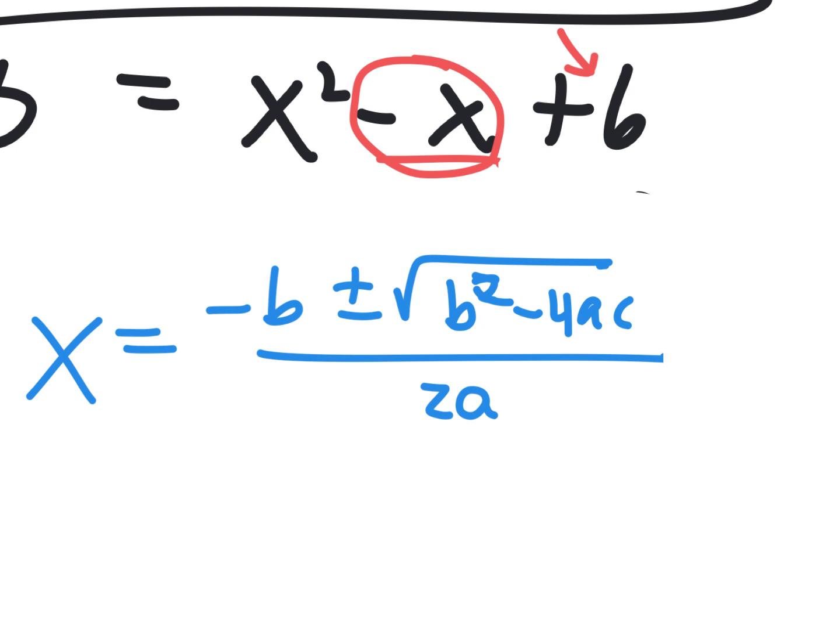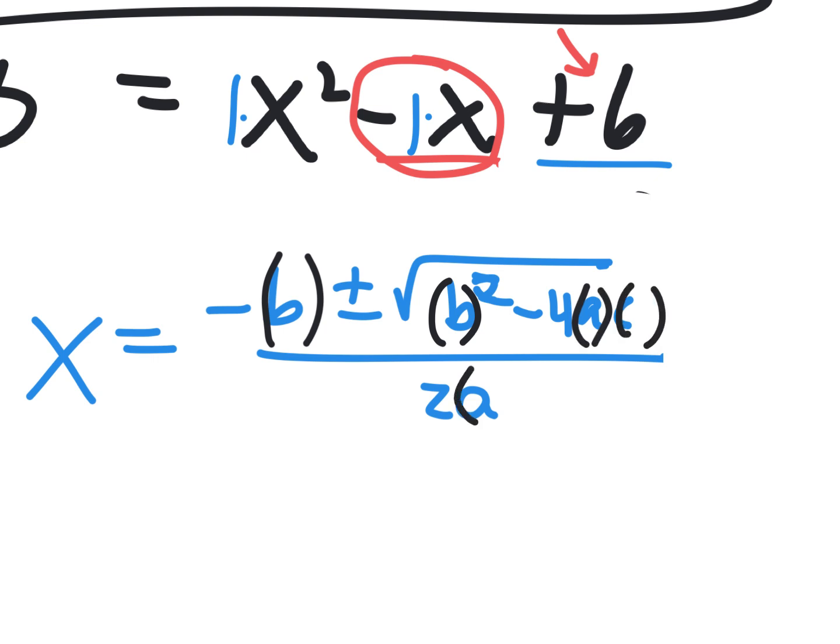So now you can stick in 1 for A, negative 1 for B, and 6 for C, and simplify it down. So A is 1. There's only 2 spots where there's an A. 1 and 1.